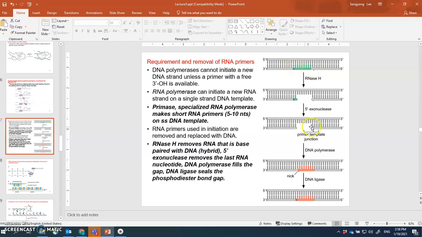Once this gap is created by RNase H, a DNA polymerase enzyme grabs the 3' end of the DNA and synthesizes based on what it reads on the template strand. Once it's filled, the last phosphodiester bond cannot be made by the DNA polymerase, because that's not a function of DNA polymerase. That should be mediated by another enzyme called DNA ligase, which forms the last phosphodiester bond. So that's the entire process.